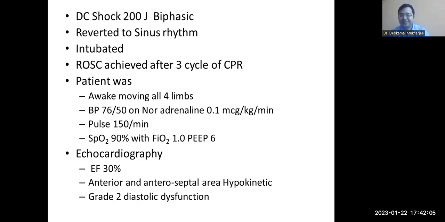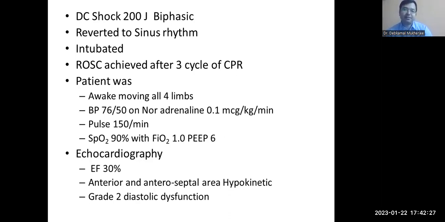Now tell the students how to do the cardiac massage and how to give the shock in this situation. The patient is in ventricular fibrillation, so what will you do?